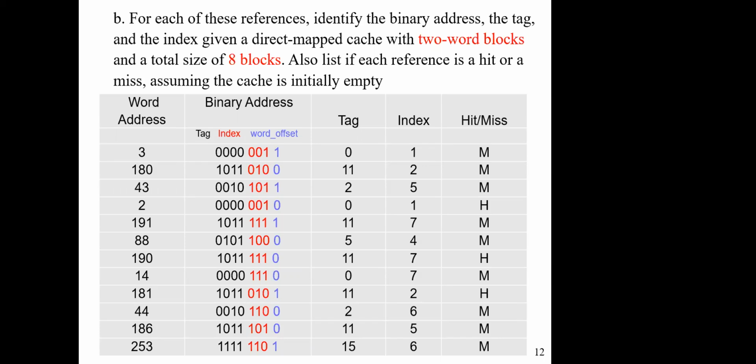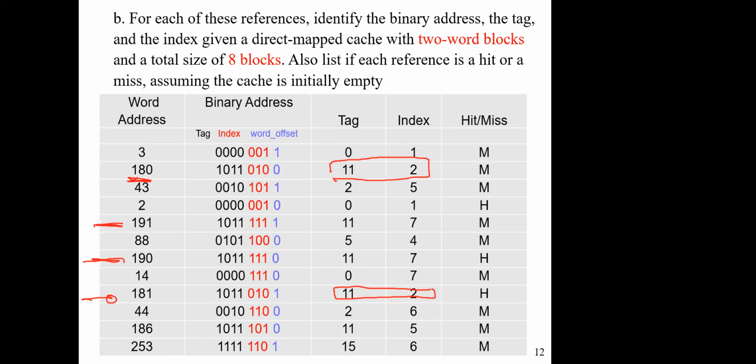Why? Because if you look at 180, according to our scheme, it is index 2, tag 11. If you go to 181, it is also index 2 and tag 11. So basically, 180 and 181 reside in the same floor or the same block. The same applies with 191 and 190.